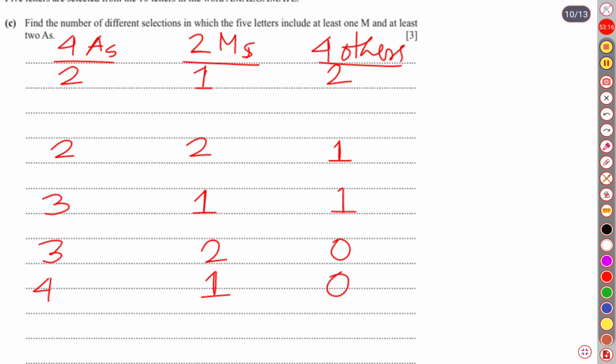Here all 4 A's are identical, so if we pick up 2 A's, it will not be different from the other 2 A's. So it is for m's. If we pick up one m from two m's, it's all the same actually. So remember, in case of combination for identical objects, the combination is always 1.